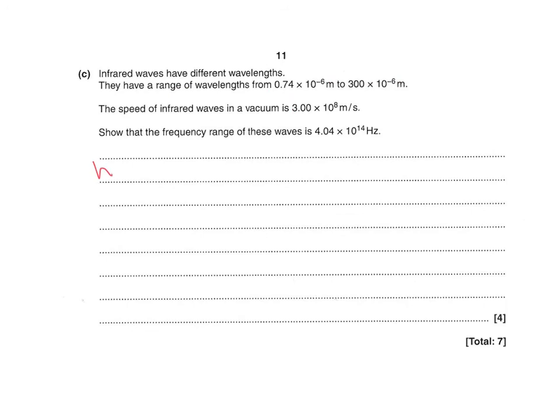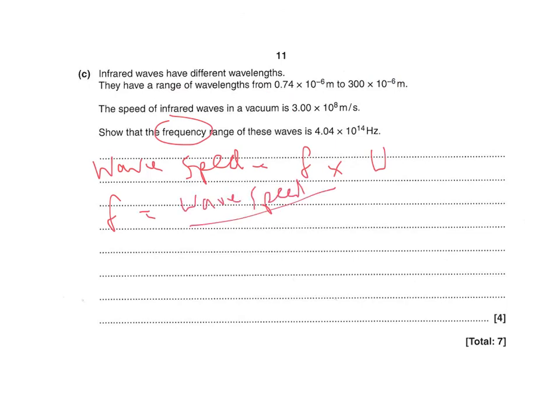So remember that wave speed equals frequency times the wavelength. So you've got to work out the frequency for each one. So frequency equals wave speed divided by wavelength, by rearranging that formula. So the first one is going to be frequency equals 3 times 10 to the 8 divided by 0.74 times 10 to the minus 6.